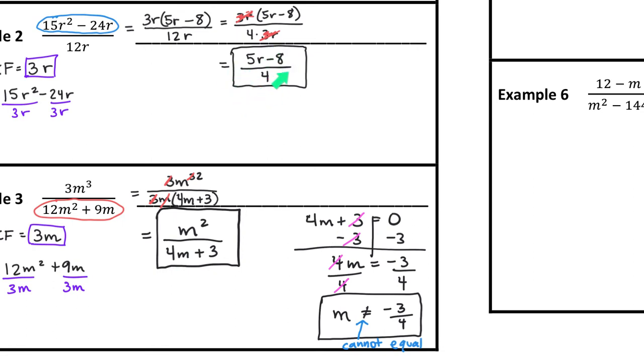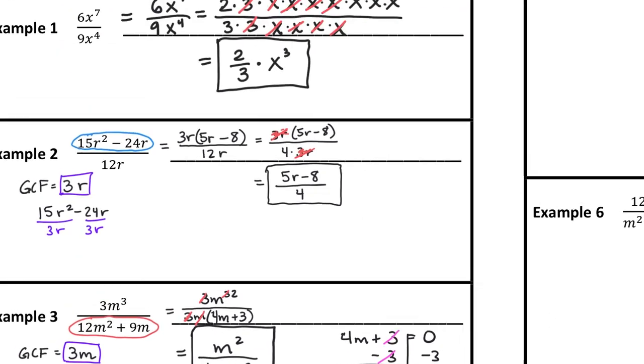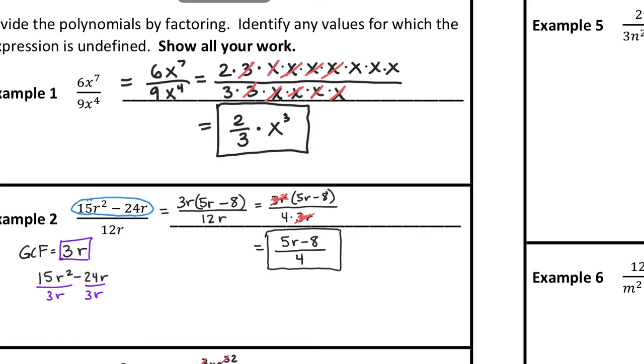Here it can't work in example 2 because the bottom doesn't have a variable, a letter. Example 1, we had a denominator, but it only had a 3. It didn't have a letter on the bottom.